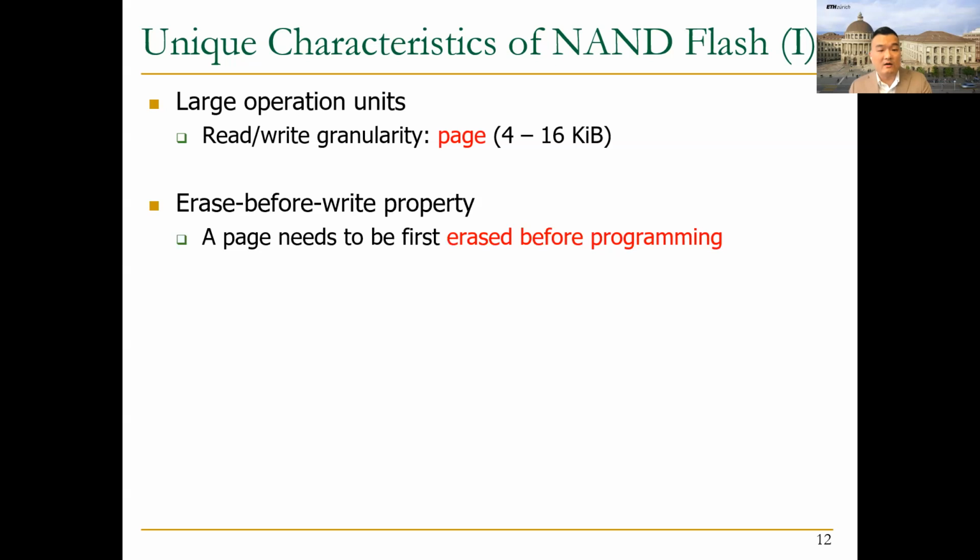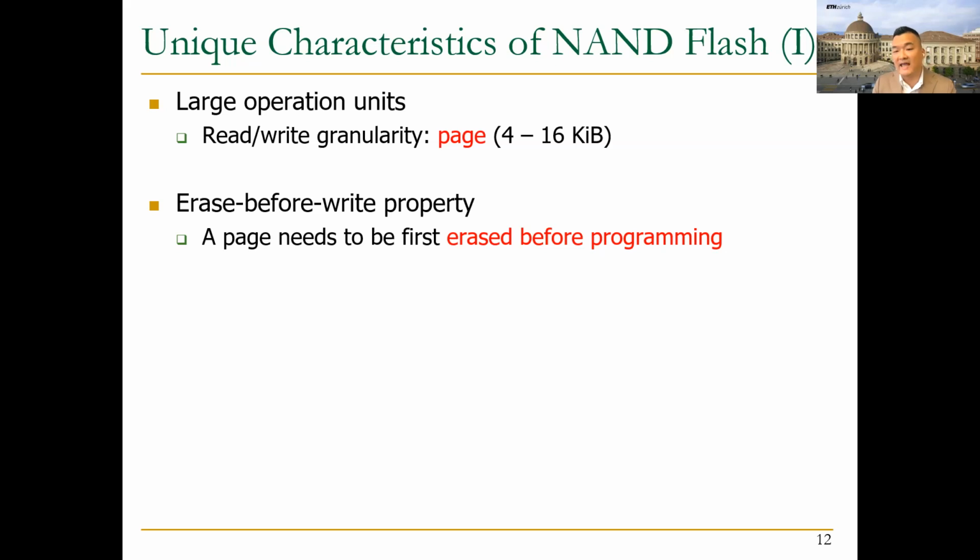And second, a page needs to be first erased before programming, which is commonly called the erase before write property. So in fact, for sure, you can issue a program command with new data on any pages in the SSD. But if the page has not been erased previously, you cannot guarantee that the new data is correctly written to the page.